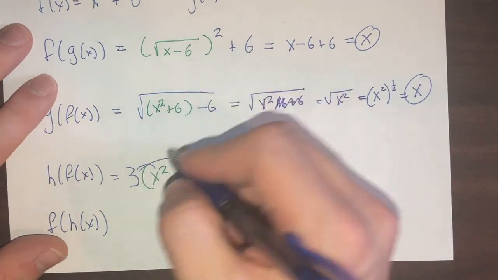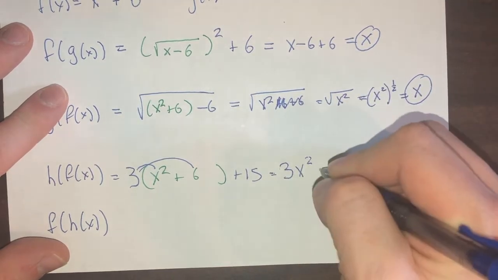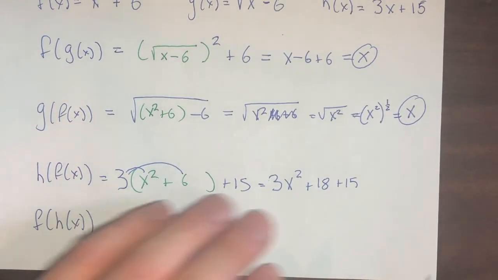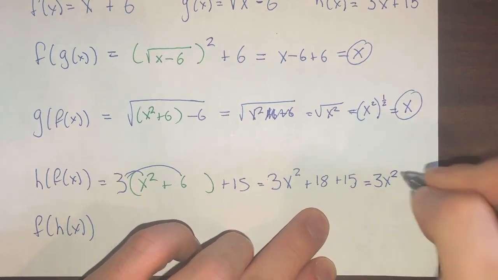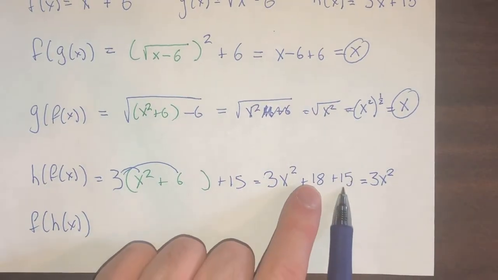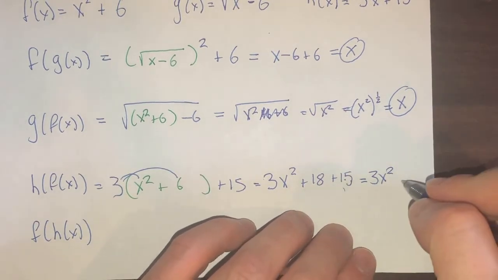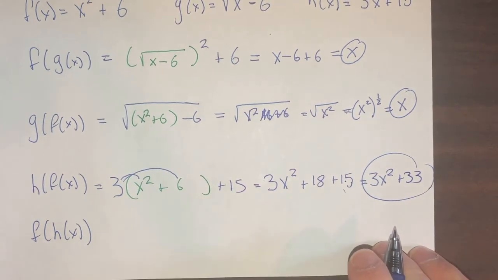Someone suggested try to make it look like a do-rag. I'm not quite artistic enough to make it look like a do-rag. Now I combine my like terms. The 3x squared isn't going to combine with anything. The 18 and the 15 become 33. Okay, a little formula there.